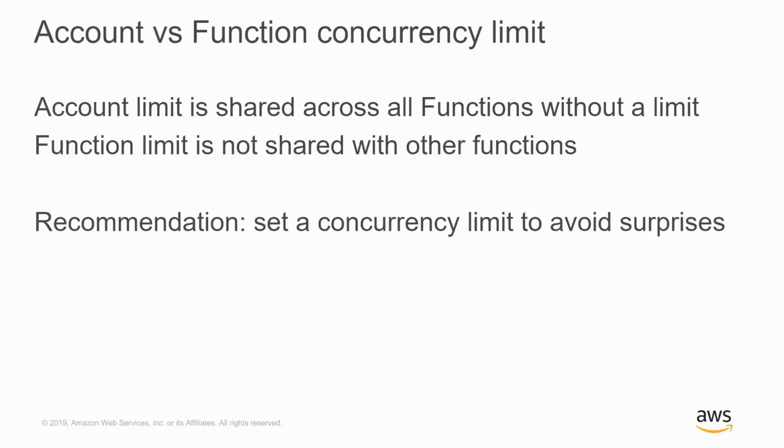So one function having a lot of concurrent invocations can cause other functions that are maybe not even related to start failing for you because there's no more capacity available. So my recommendation is to always set a concurrency limit for each Lambda function to avoid these surprises of one function stealing capacity from a different function.